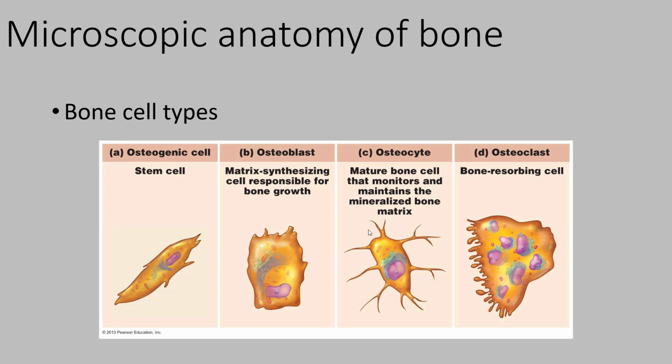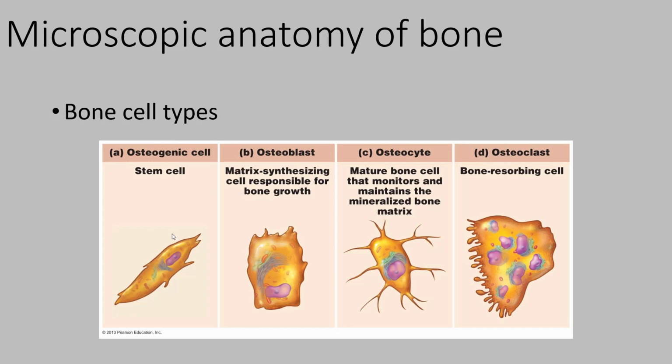And with that, let's go ahead and dive into microscopic anatomy of bone, and we will begin with the different types of bone cells. Here on the left, we see something called an osteogenic cell. Let's break that word down. Osteo, remember, is bone. Genic is birth of or the beginning of.